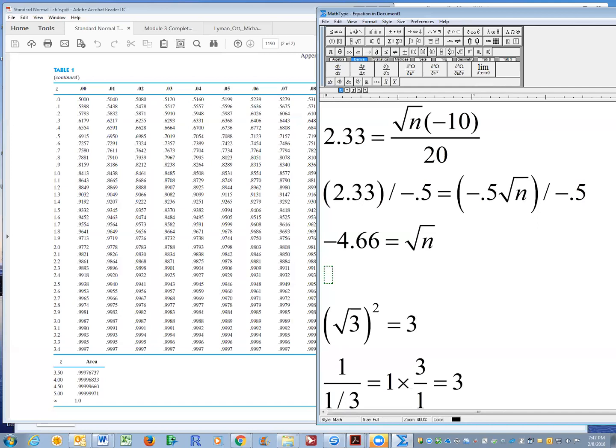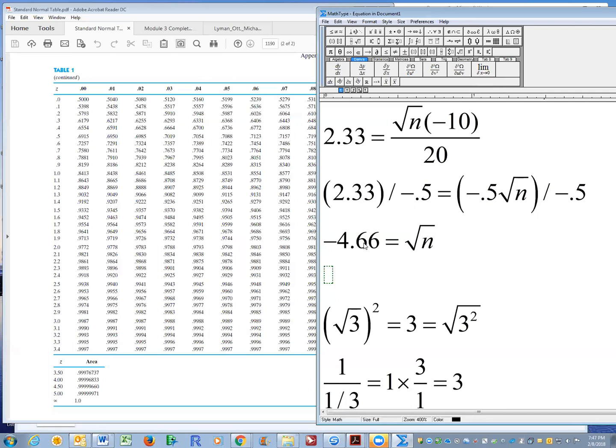It would just be that number 3. If you have something that's square rooted and you square it, it's just that number. Or equivalently, if you had the square root of 3 squared, that's also 3.